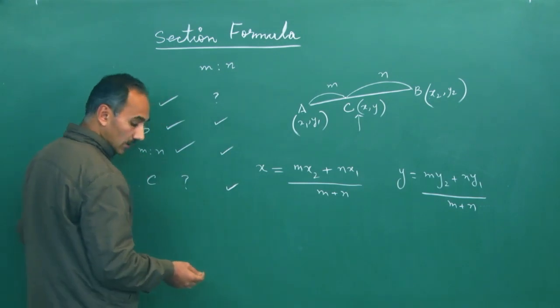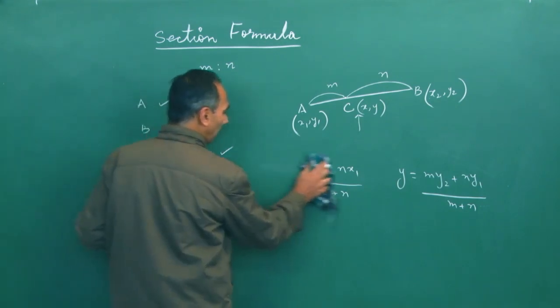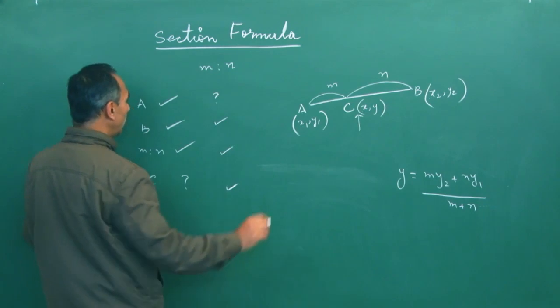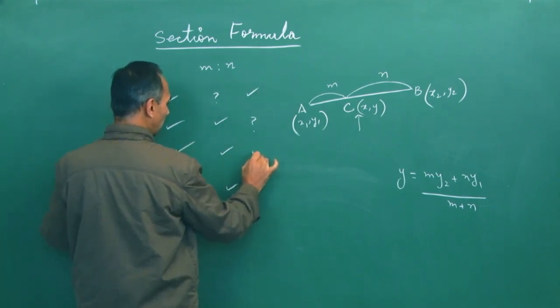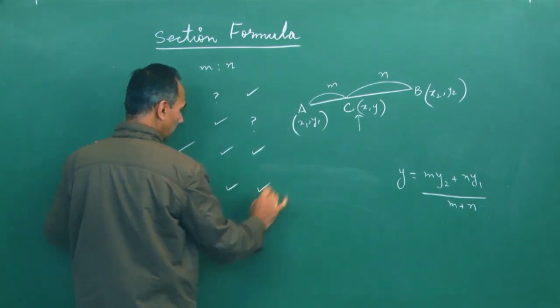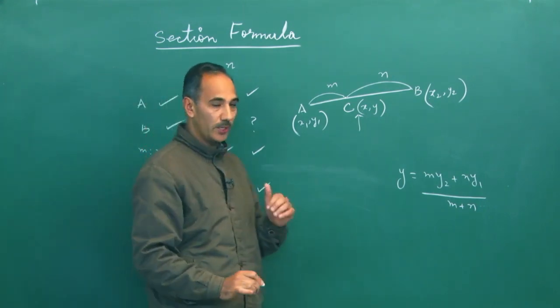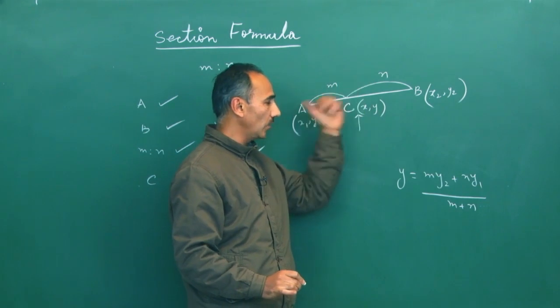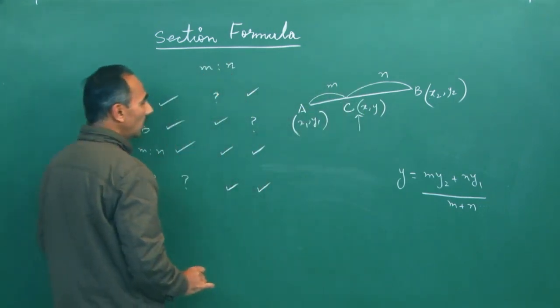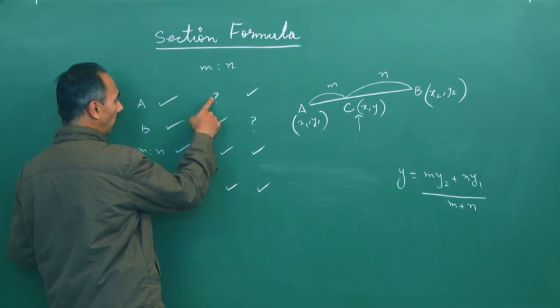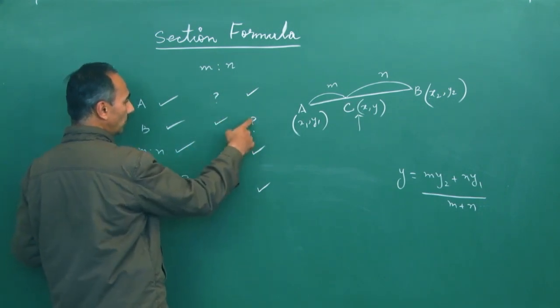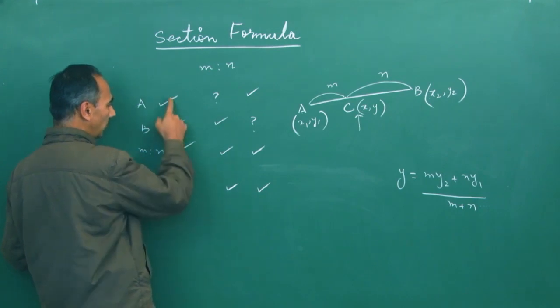That means if coordinates of B are missing, coordinates of A should be given, the ratio should be given, and coordinates of C. Don't forget, you have 3 points, A, B, and C, and one ratio. Now, these are 3 situations: coordinates of A to be found, rest given; coordinates of B to be found, rest given; coordinates of C to be found, rest given.